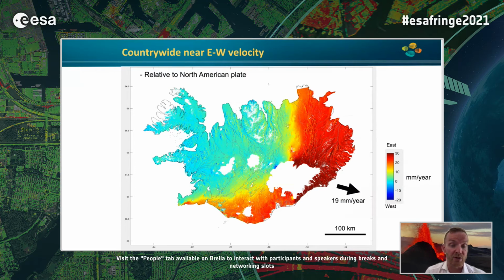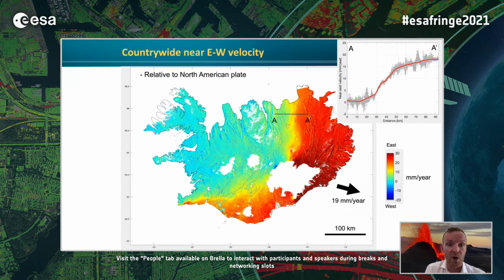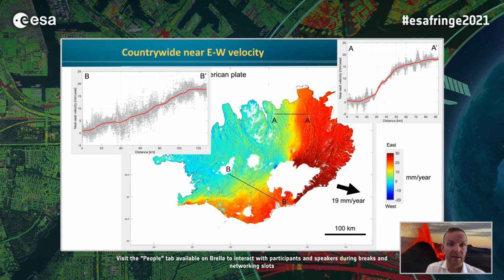The arrow there shows the direction of relative plate motion relative to North America. And what you can also see here is the sharpness of the boundary popping up. So the transition is different in different places. In the north, for example, you more or less have a transition in 30-40 kilometers. In the middle, it's very, very diffuse. And in the south, it's very, very sharp.